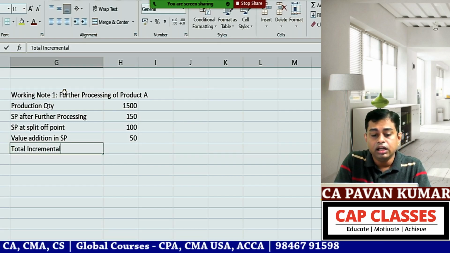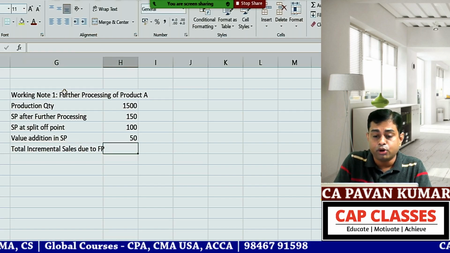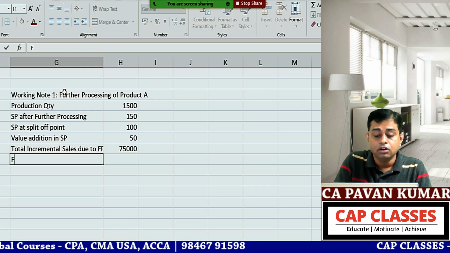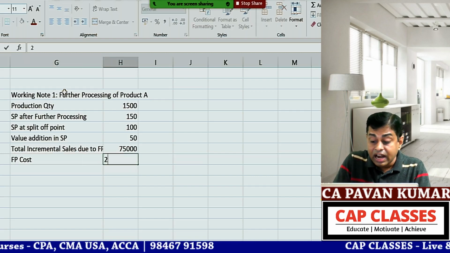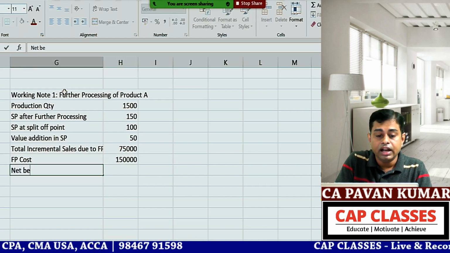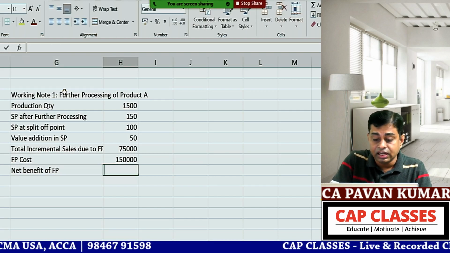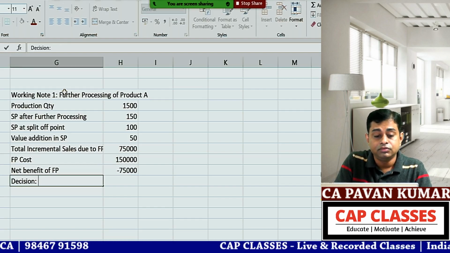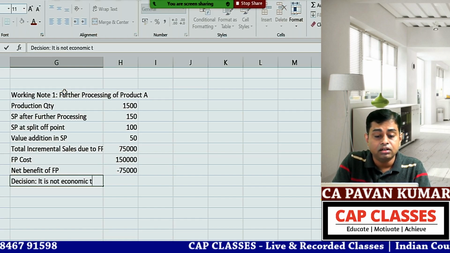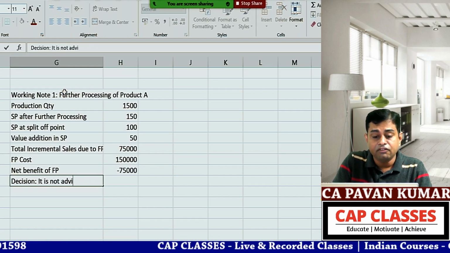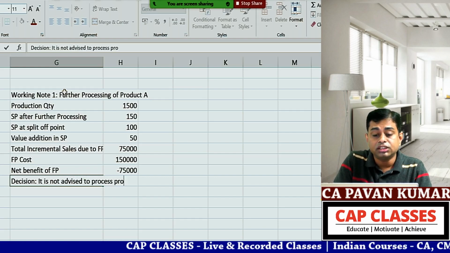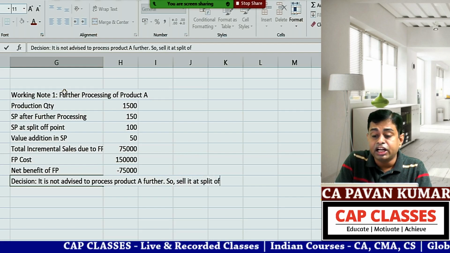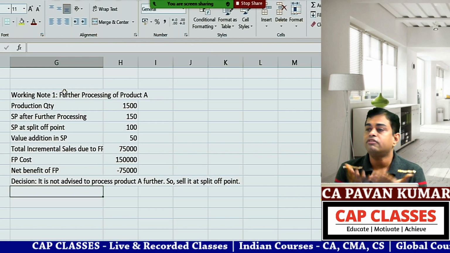So total incremental sales due to further processing is 1,500 into 50, 75,000. Further processing cost is 1,50,000. Net benefit of further processing is minus 75,000. Decision: it is not economic, or it is not advised, to process product A further. So sell it at split off point. This is our working note 1.